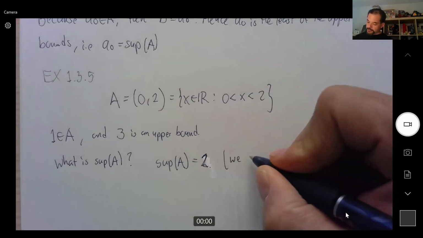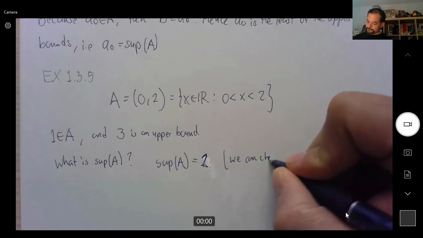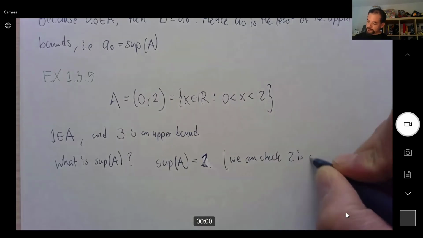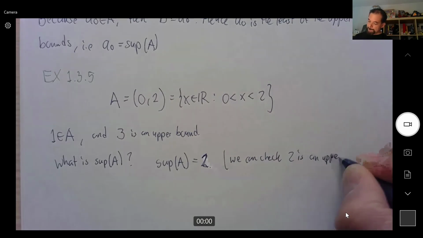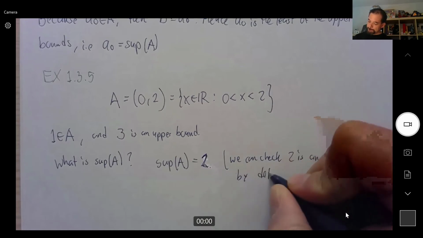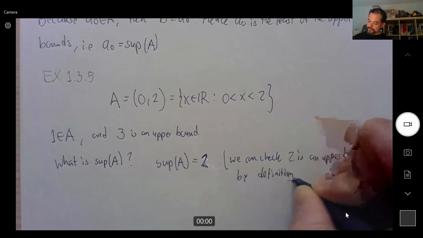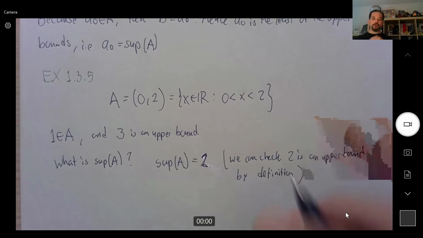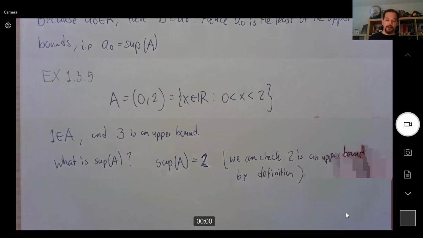So we can check 2 is an upper bound by definition. But we won't check that it is the least of the upper bounds just yet. Like I was telling you, we're going to write down a lemma, or a little proposition.